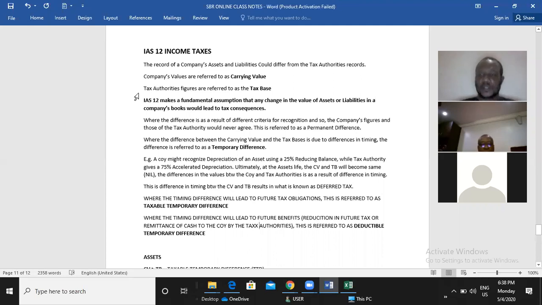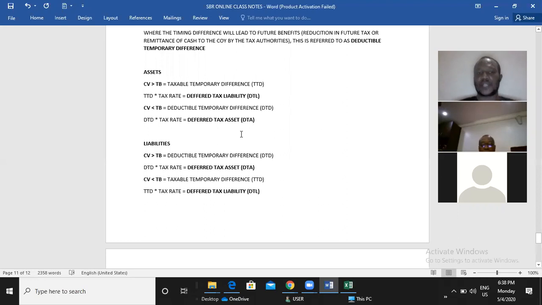Now, we went on to say that for assets, a carrying value greater than the tax base implies a taxable temporary difference, and the opposite is the case. If the carrying value is less than the tax base, then we have a deductible temporary difference, and that deductible temporary difference times the tax rate gives you a deferred tax asset. The exact case is the same for liabilities.